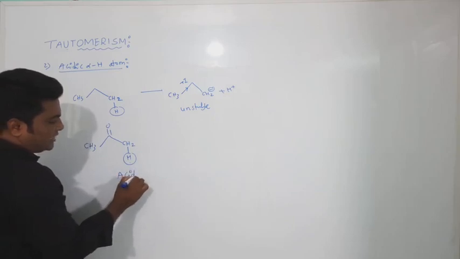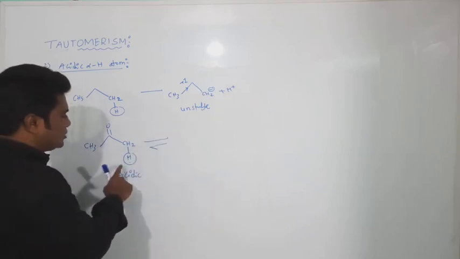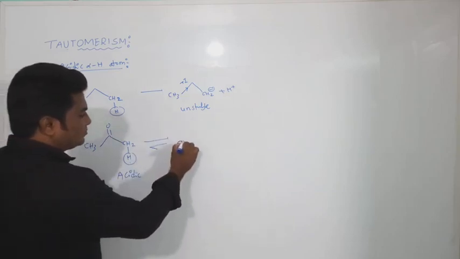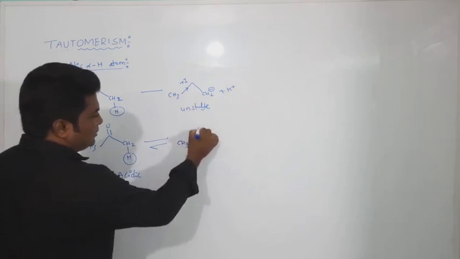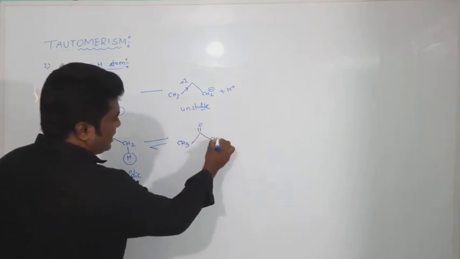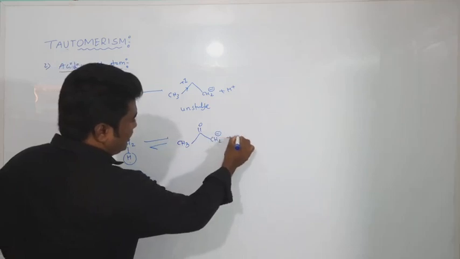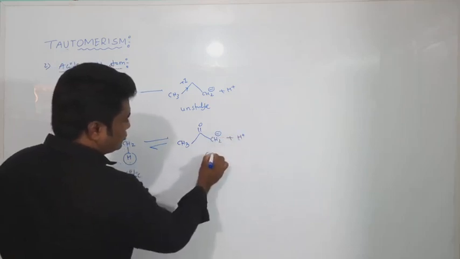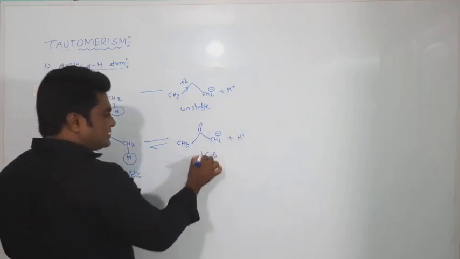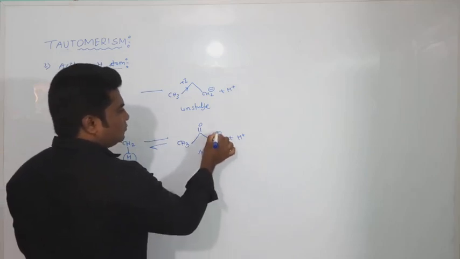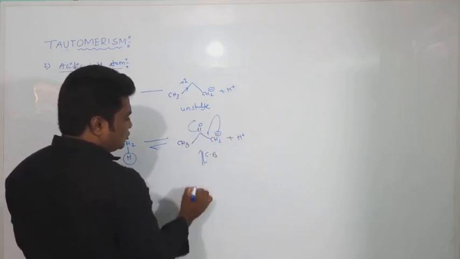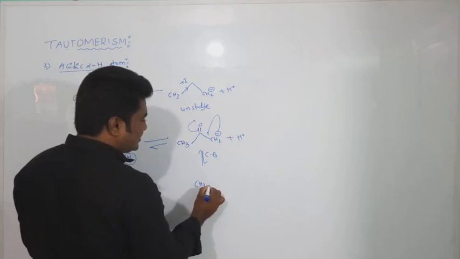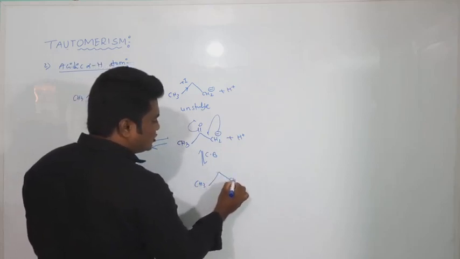How is it acidic? Because after giving an H plus ion, it gives the conjugate base, and it is stabilized by resonance. When the conjugate base is stable, it easily gives the H plus ion.